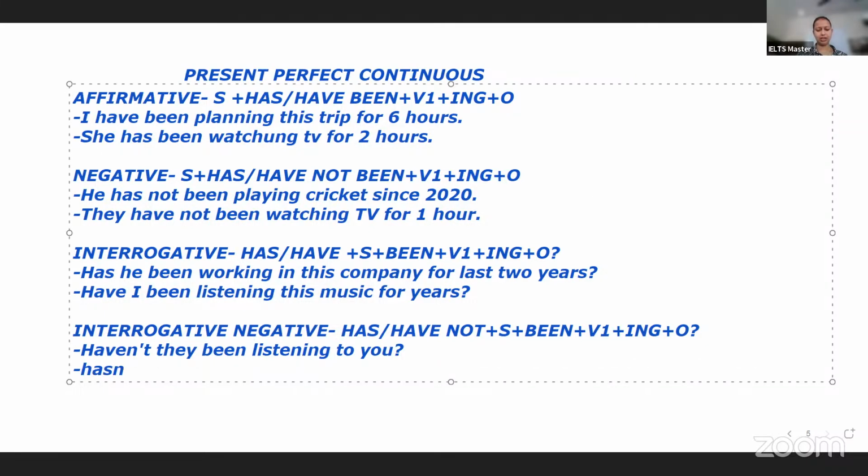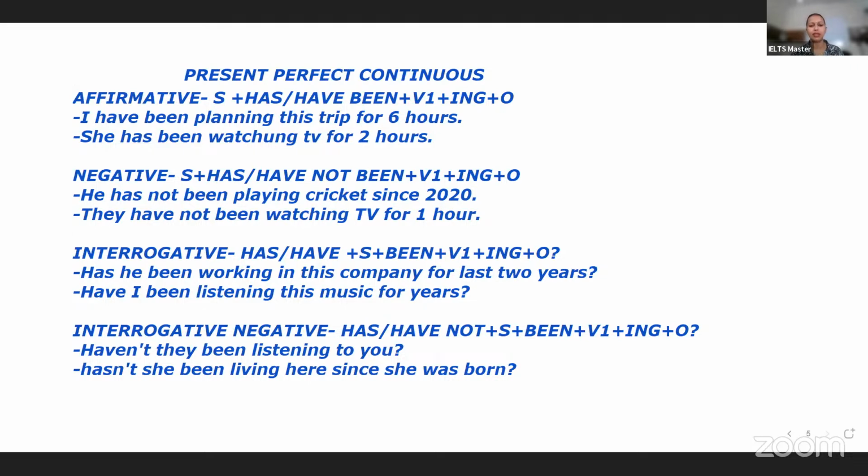Hasn't she been living here since she was born? Is that clear?